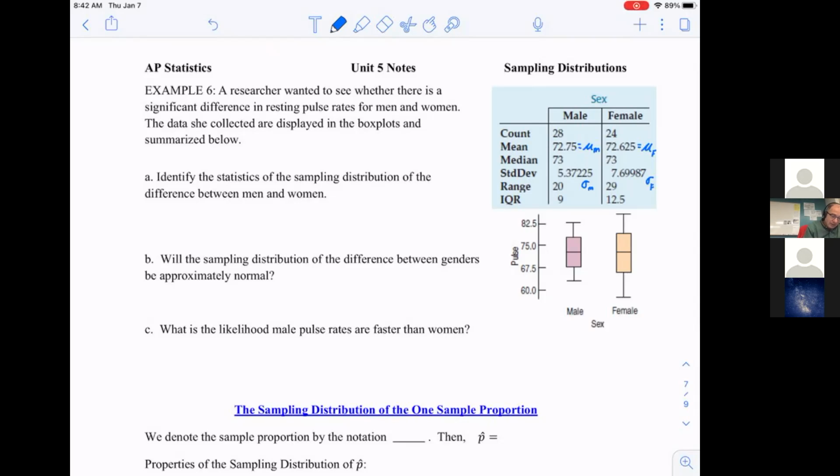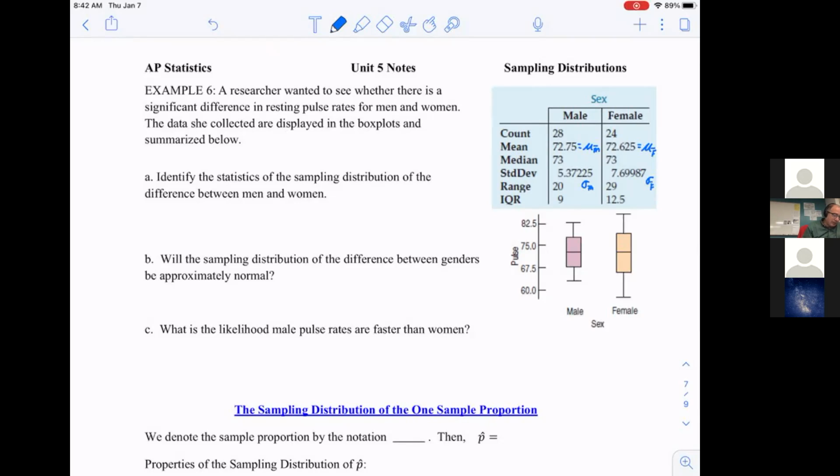Typically, sometimes I struggle with my notation. These are all samples, so that means they should all have bars over them. But there we go.